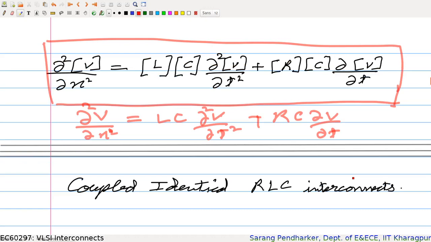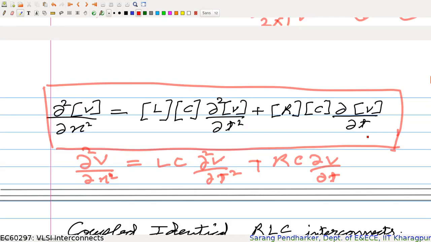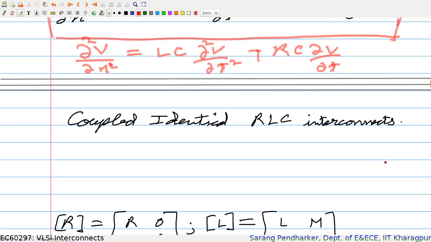Now this formulation is a general case, and it would hold for a lot more coupled interconnects. Now let us come back to the special case of identical RLC interconnects.